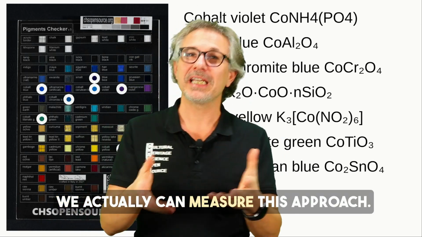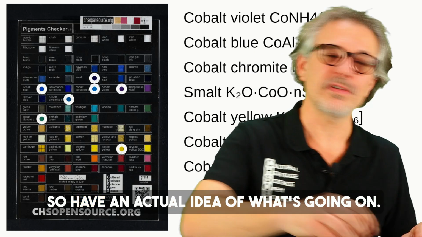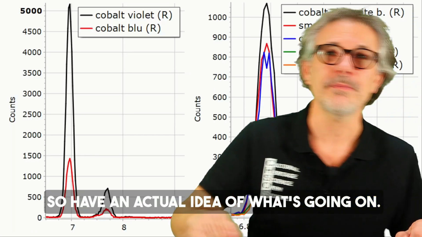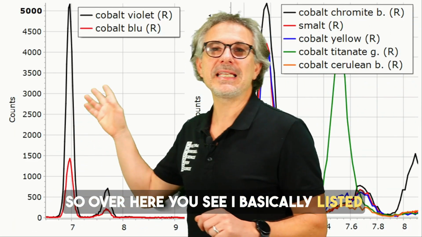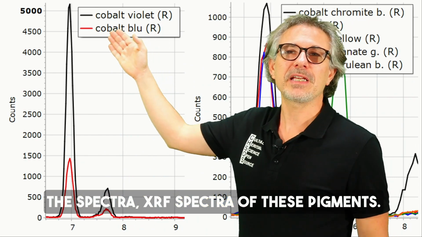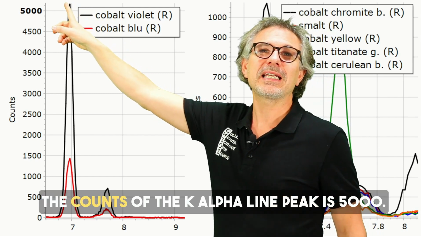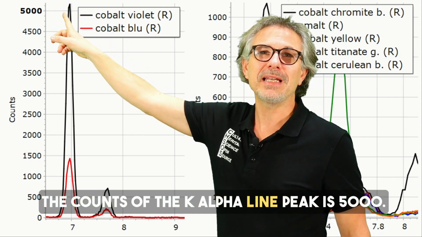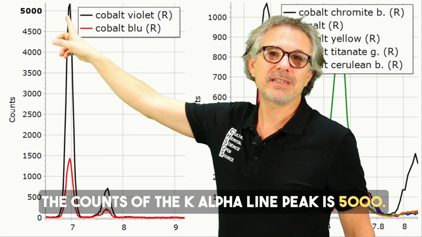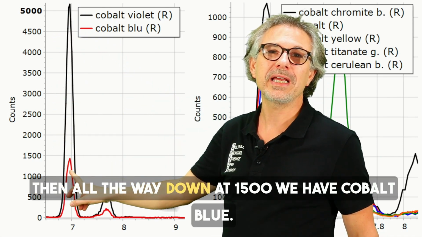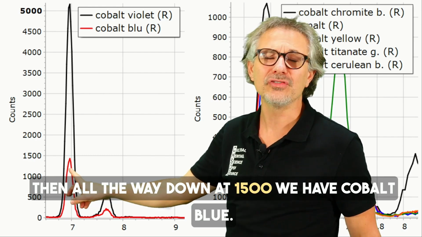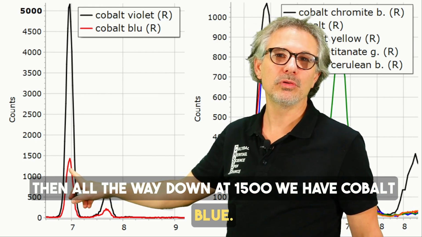We actually can measure this approach, so I have an actual idea of what's going on. So over here you see basically I listed the XRF spectra of these pigments. Cobalt violet is the black one, the counts of the K alpha line peak is 5000. Then all the way down at 1500 we have cobalt blue.